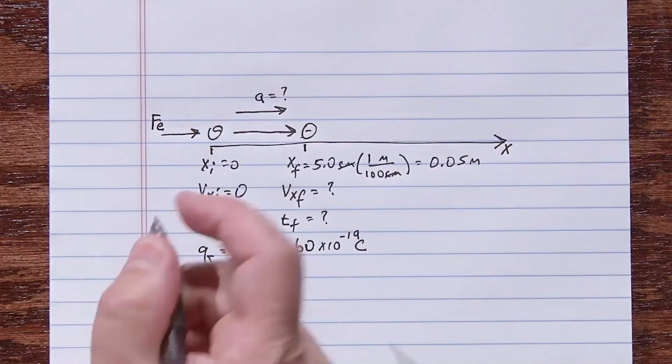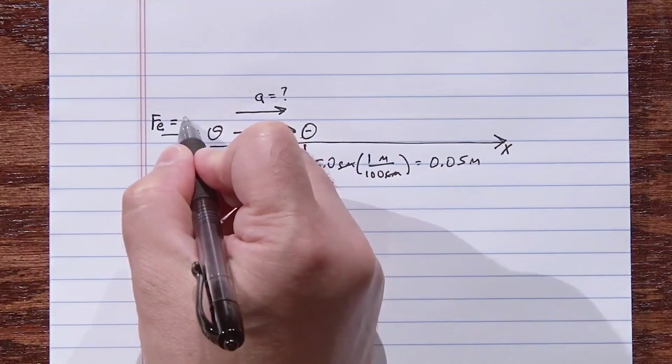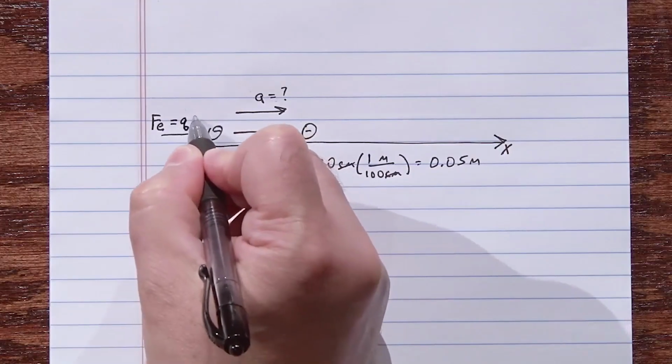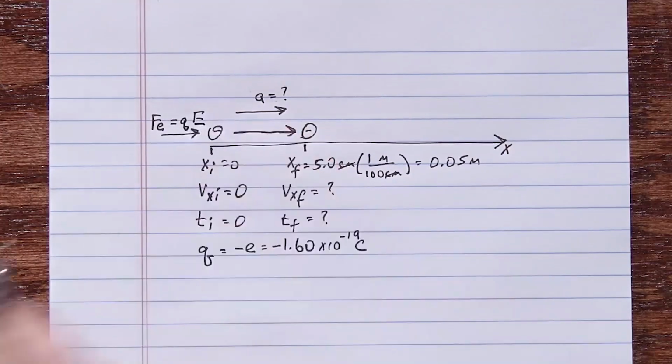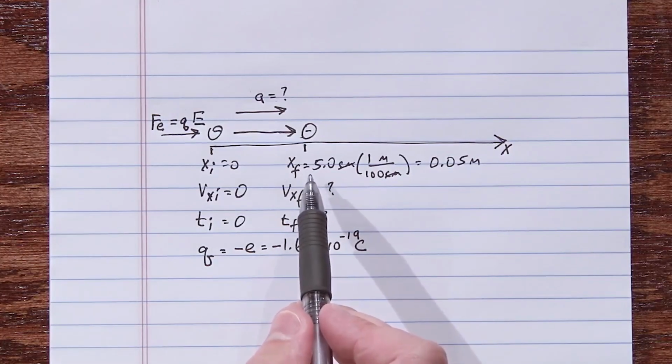And we also know that the magnitude of the electrical force must be equal to the charge of the electron times the magnitude of the electric field. Okay. So now, that gets us to x is equal to 5 centimeters.